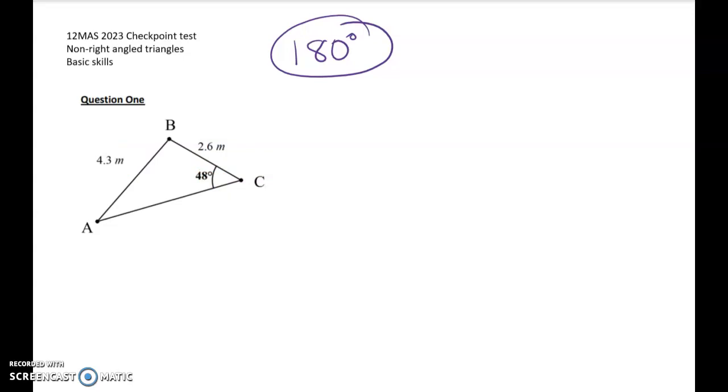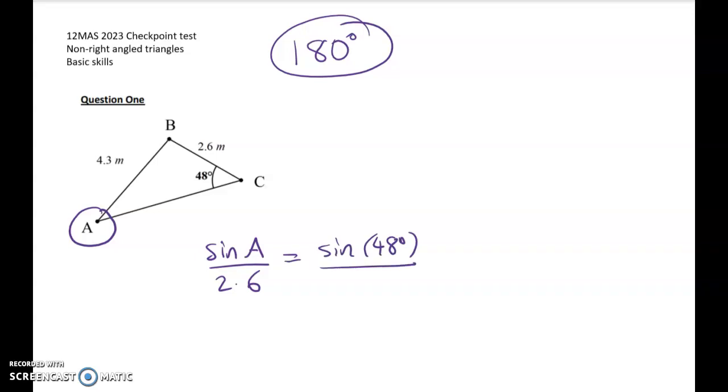So there are different places that we can start, but I decided that I would start with finding angle A. So we have sine of A over 2.6 is equal to sine of 48 degrees divided by 4.3.